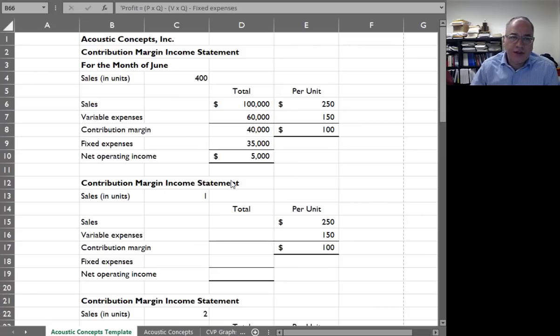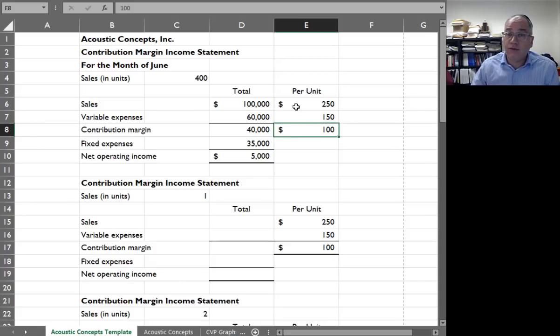And here you can see the example of Acoustic Concepts from the textbook, and this is in your Acoustic Concepts template in the Excel handout. We start off with an example where we're selling 400 units, and we sell them for $250 a unit. Variable expense is $150 a unit, and therefore contribution margin is $100 per unit.